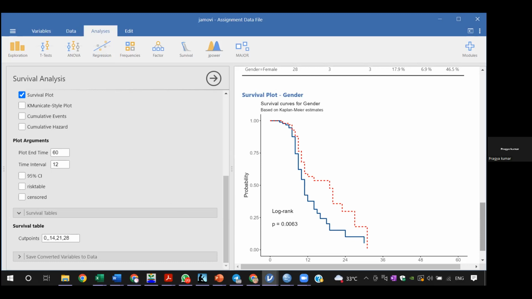It's better to perform KM and the Cox proportional hazard also. In Cox proportional hazard, you can control for it because that's not an assumption there. If you are performing only KM, then this is an assumption. If you are performing Cox proportional hazard, then it adjusts for this pattern.